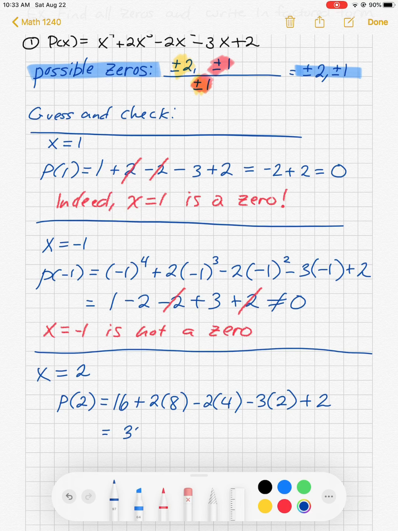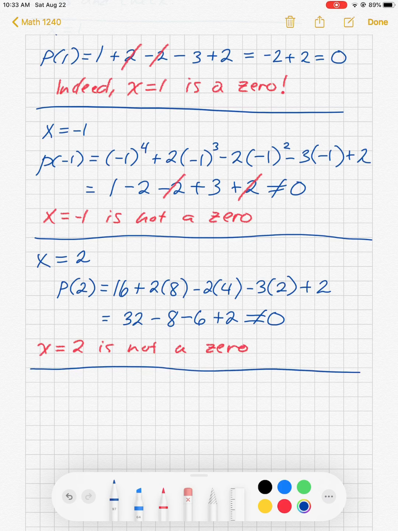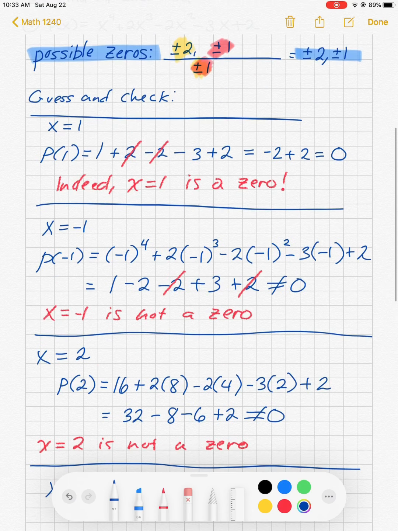So what is this? 32 minus 8 minus 6 plus 2, that's not 0. So x equals 2 is not a zero. Whew. So you've only got one more potential rational zero: negative 2.